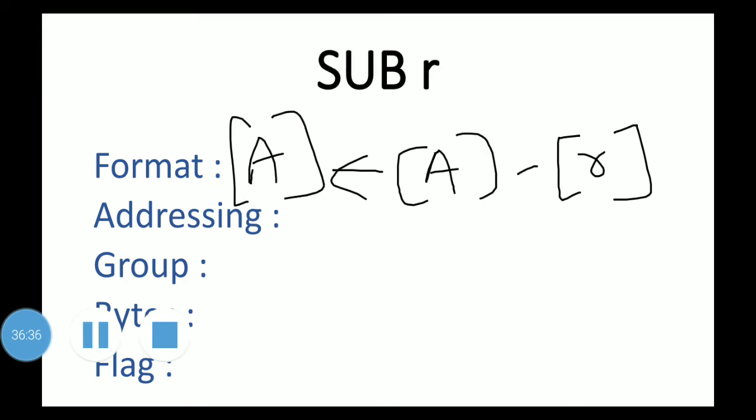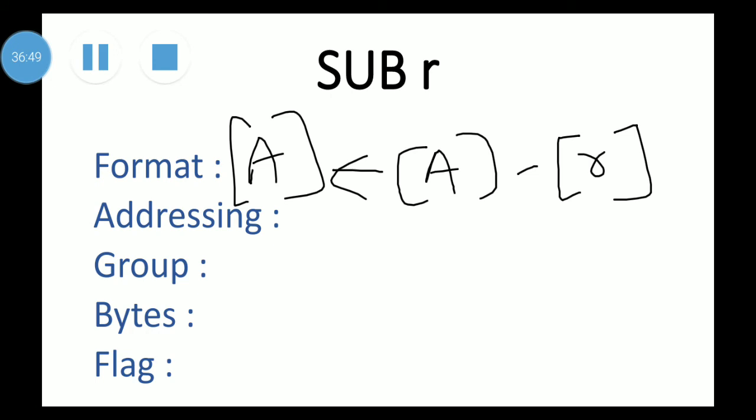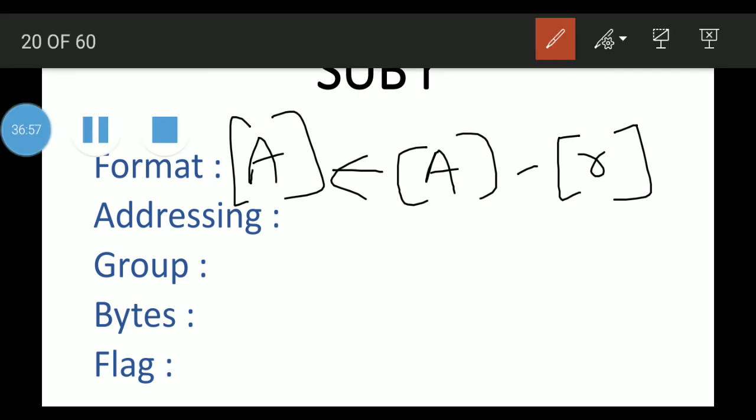Since it contains registers only, it becomes register addressing mode. Which group? It belongs to arithmetic group. How many bytes? It is a single byte. All flags will be affected.